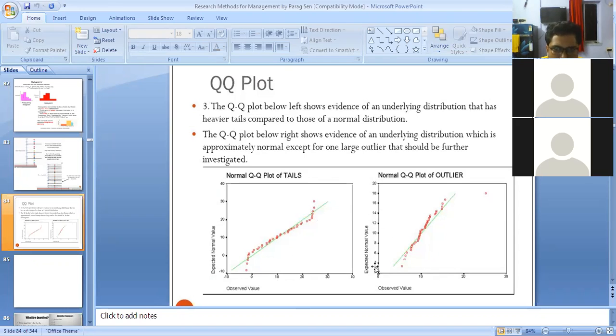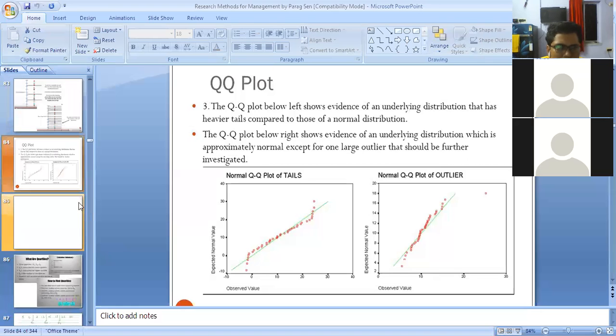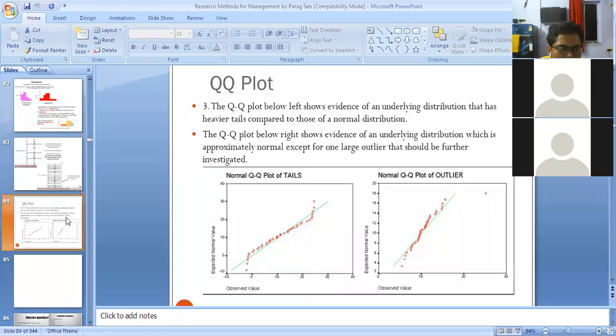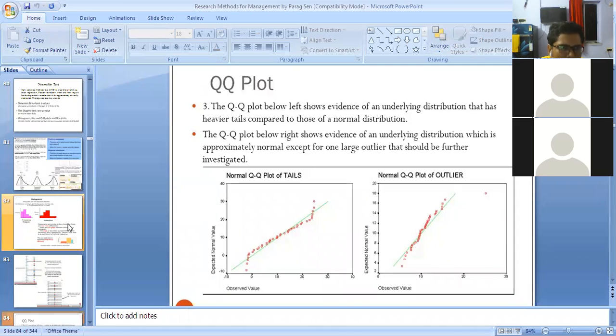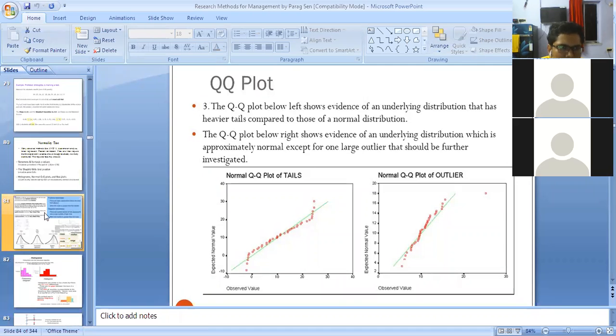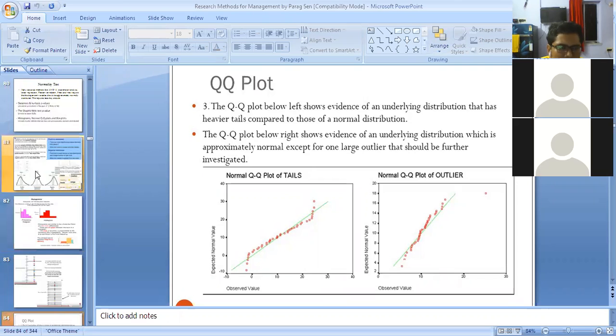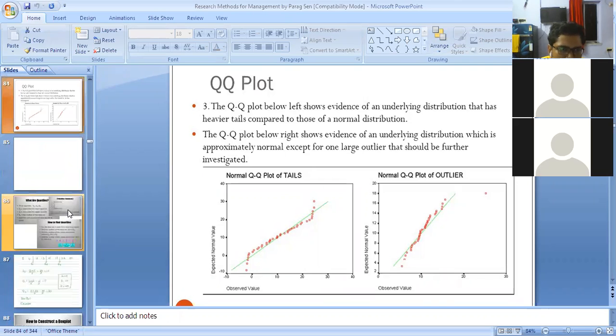In case of normal distribution, most of the data points will be around the straight line. But usually these are not very much required actually. The QQ plot, or the skewness or kurtosis, these are not very required for this.